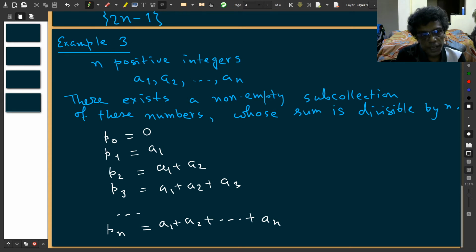So you have these n plus 1 prefix sums. This is the empty sum. This is a1, a1 plus a2, a1 plus a2 plus a3, and so on.